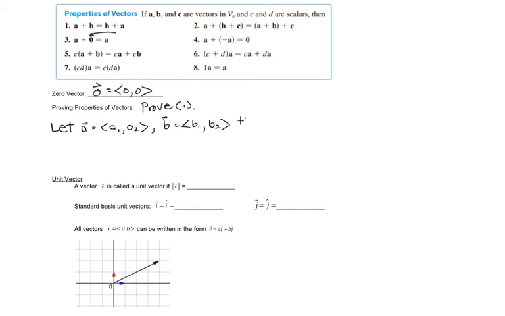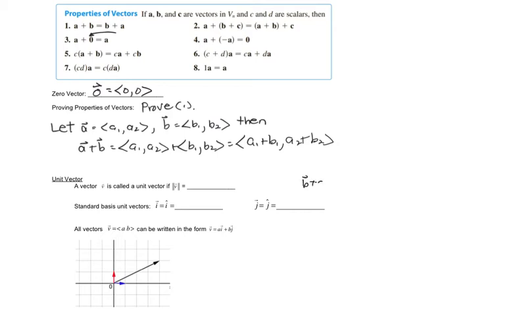Then A plus B is A1, A2 plus B1, B2. And that's defined as A1 plus B1, A2 plus B2. And where we're trying to head is that equals B plus A. Now B plus A, let me just scribble down here for a minute.